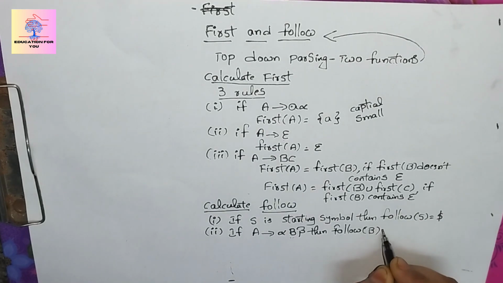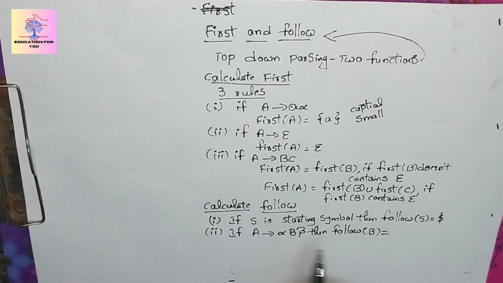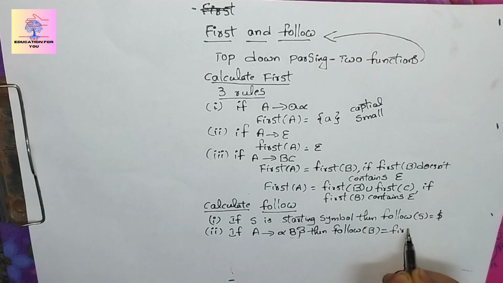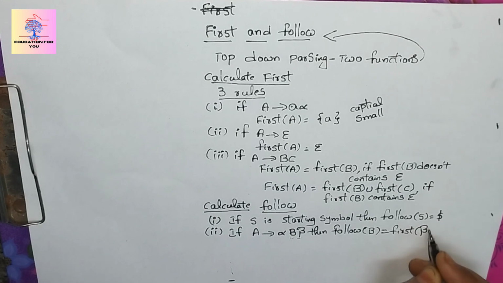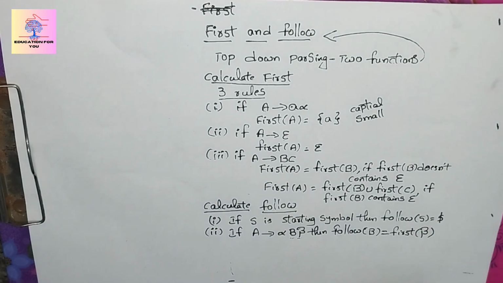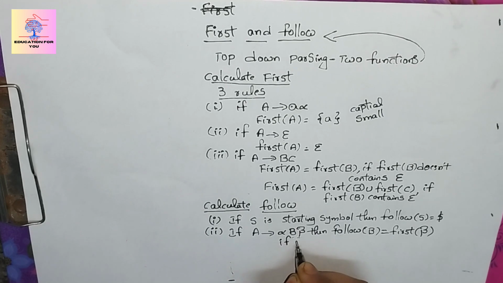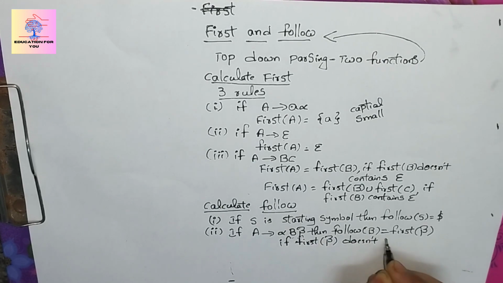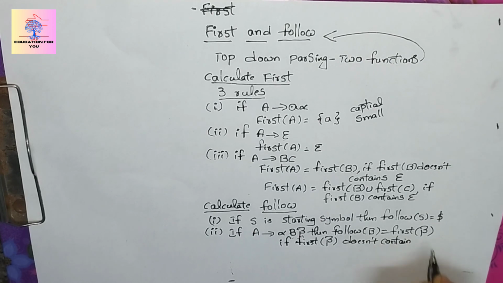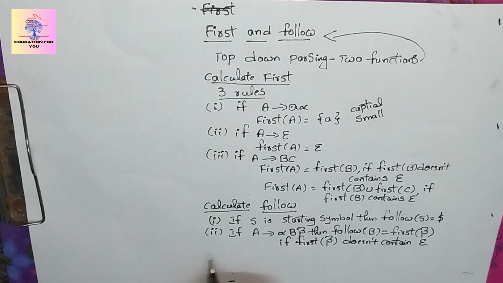So follow of B can become, who is following B here? Beta. So follow of B can become first of beta. There is a condition here also: if first of beta does not contain epsilon.